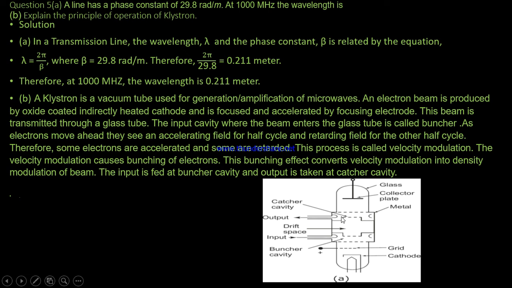And we have the catcher cavity where the output signal goes out. The input signal comes in through the buncher cavity and the signal goes out through the catcher cavity. So this is the sample of the diagram.